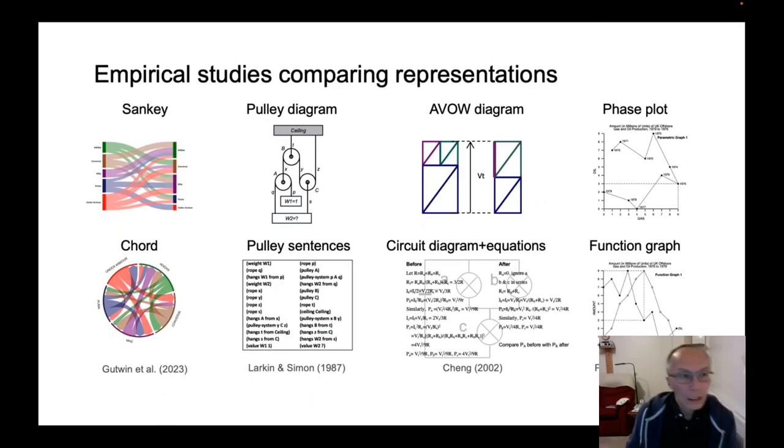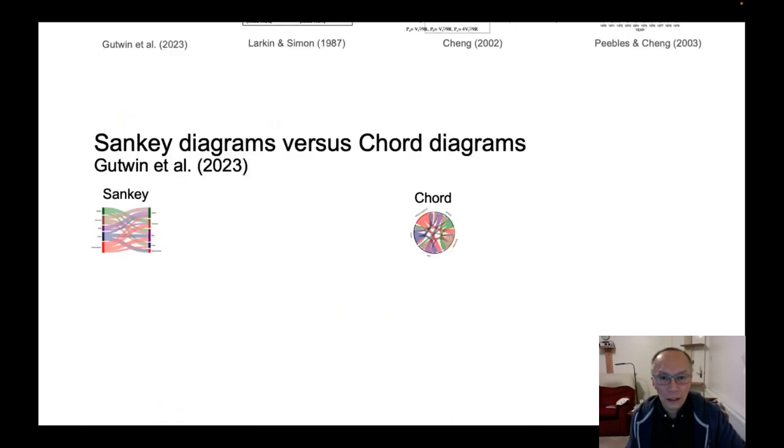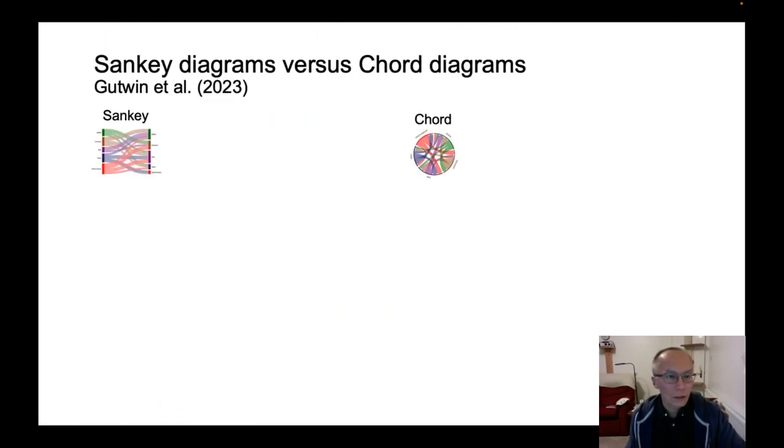These are the pairs of representations from the empirical studies that we've considered and built models of. In each case, the model at the top is the one which was found to be superior in the empirical studies. Let's start with the Sankey and chord diagrams. Gutwin in 2003 presented a study in which Sankey diagrams were shown to be superior to chord diagrams across many performance measures.